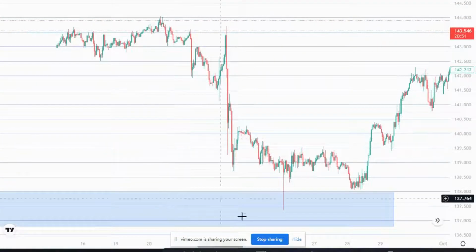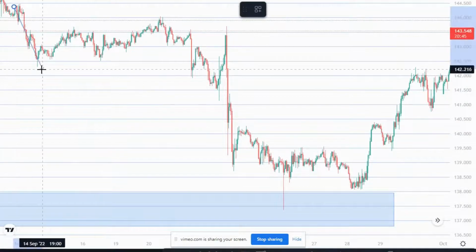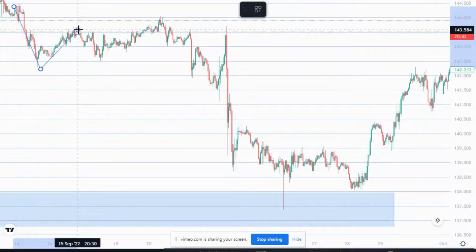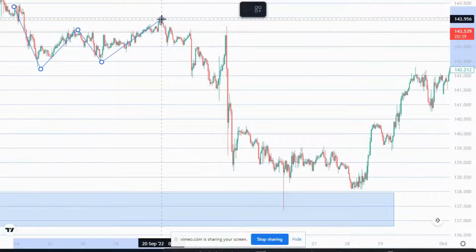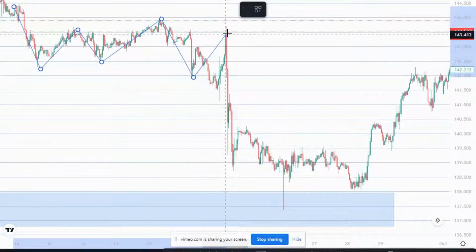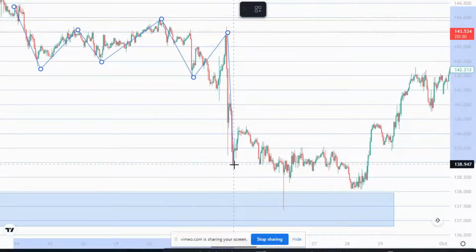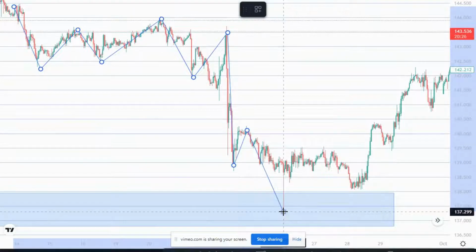You can see here at this point, market structure is really, really bearish. You can see here is a high, low, higher low, lower low, higher low. This is actually a higher high, but the market later created a lower low again. So higher low, lower low, higher low, lower low.